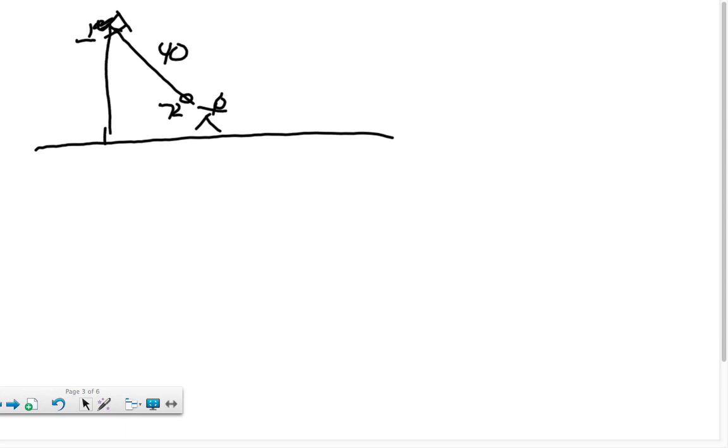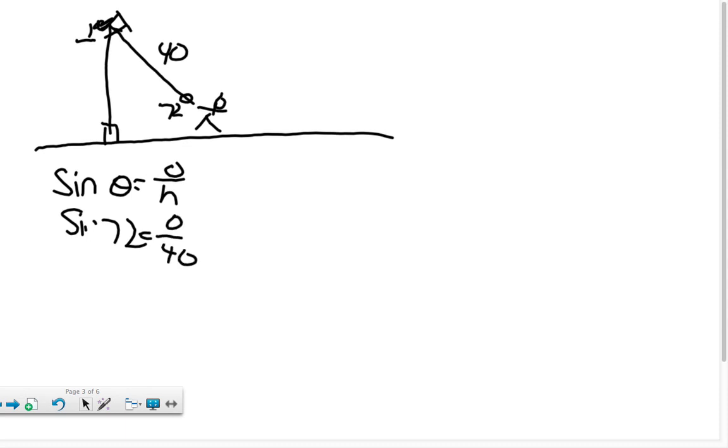So I used the sine of theta, and I did opposite over hypotenuse. And so I knew that theta was 72 degrees, and the hypotenuse was 40. Sine of 72 is equal to opposite over 40 meters. But how do you, what do you do after that?